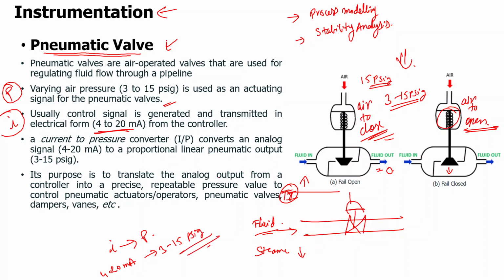Its purpose is to translate the analog output from a controller into a precise, repeatable pressure value to control pneumatic actuators, pneumatic valves, or dampers. Basically, the controller provides a current input, and that is converted into pressure so that the valve can take that air pressure.